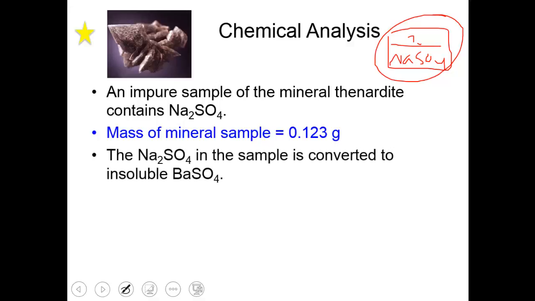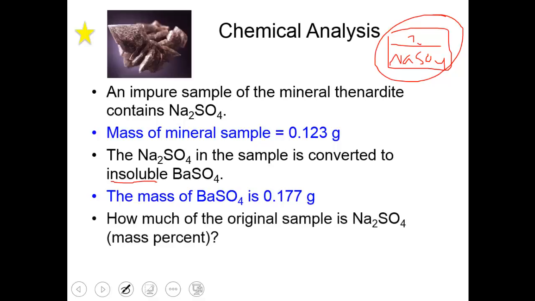Now, the sodium sulfate in the sample is converted into insoluble, meaning it does not dissolve in water, barium sulfate. Okay, and we'll look at that chemical equation in just a minute. And the mass of barium sulfate was found to be 0.177 grams. How much of the original sample is the sodium sulfate in mass percent?